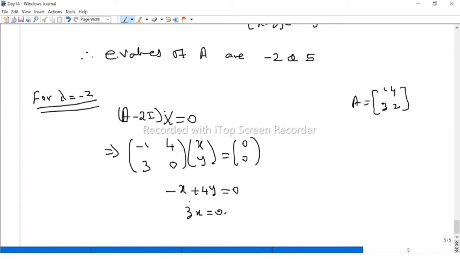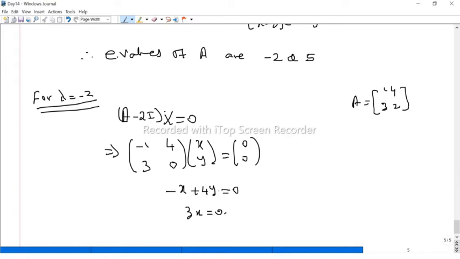Therefore x should be 0. If x is 0, then y must be 0, right? Maybe I made some mistake. Is it correct?